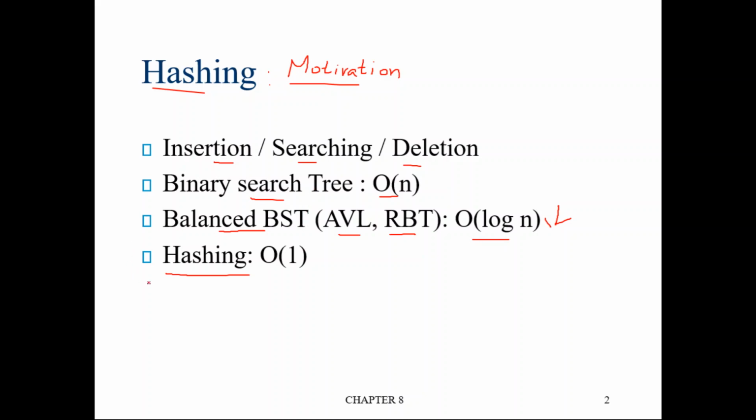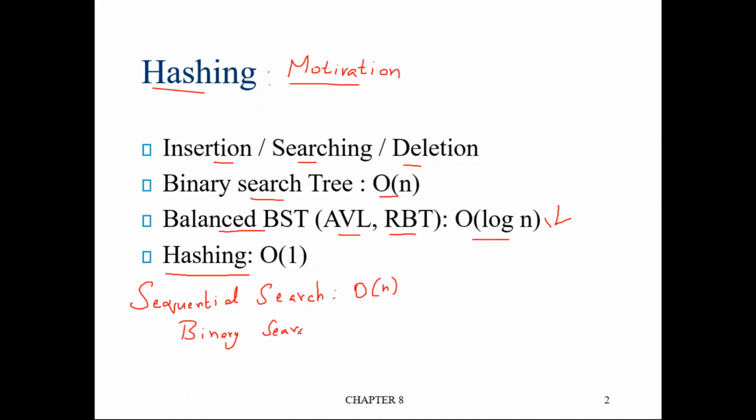Not only with respect to BST and balanced BST, consider sequential search. What is the time complexity of sequential search? The time complexity is order of n. And what is the time complexity of binary search?